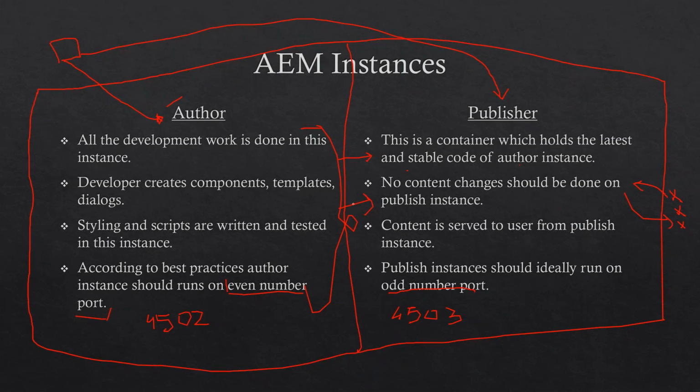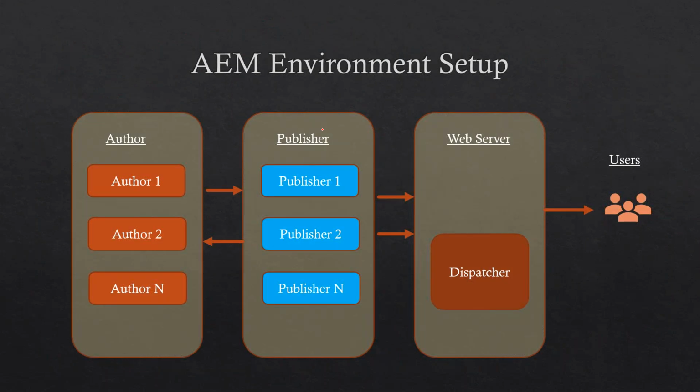You'll get the answer to this question in the next one or two slides. Just hold on to this. Any more questions? Okay, moving forward. This is the AEM environment setup, and this will answer your question.